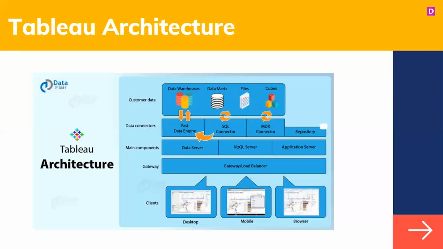The application server will take all the user requests coming from Tableau Desktop, mobile or browser, process the request, detect the type of the request, check the user for authorization, and then give the access. Those are the responsibilities of these three layers.